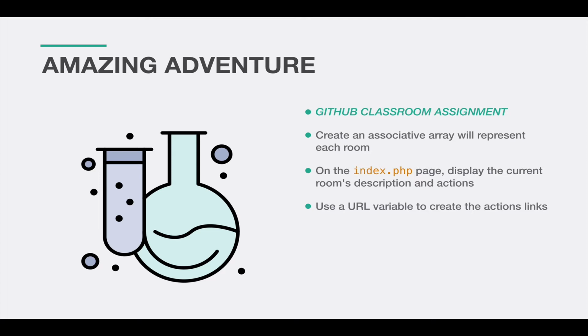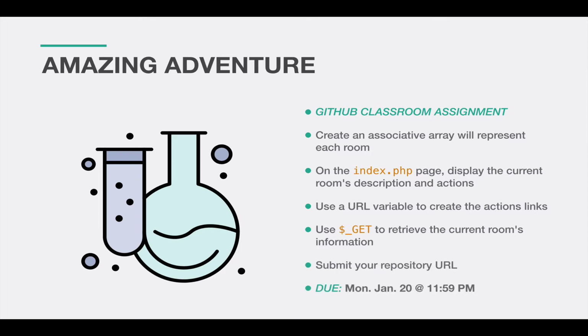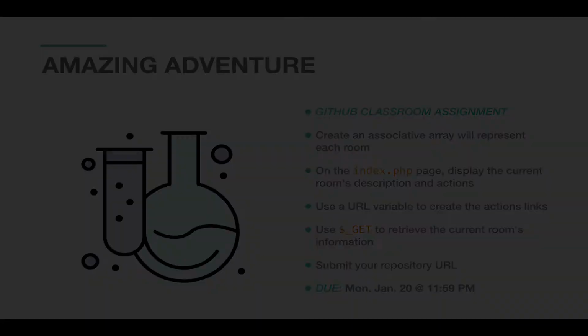We'll pass it through the URL using the URL variables. Then we'll use the GET array to retrieve the current room's information and display it on the page. You'll submit your URL, and this is due tonight. That's what we're going to be working on momentarily.